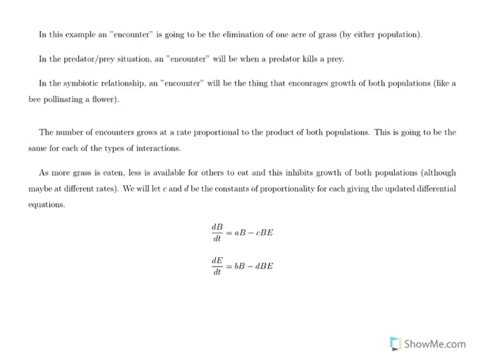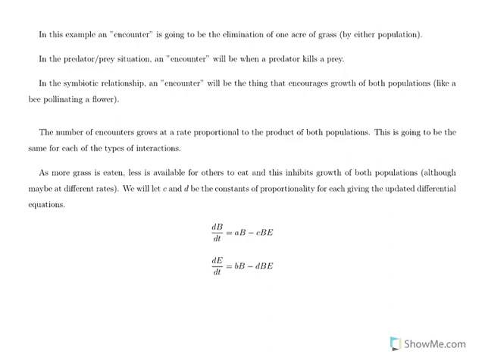So as more grass is eaten, less is available for others to eat, and this inhibits the growth of both populations, although it may be at different rates. Again, as both populations grow, the resource gets depleted, so that has some kind of effect on how much these populations can grow.